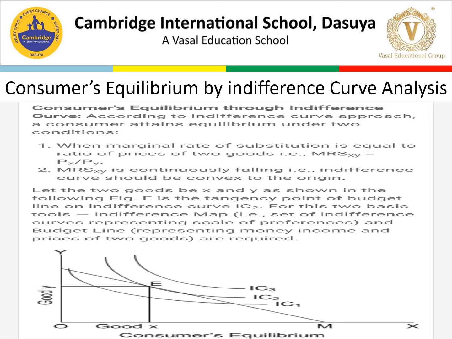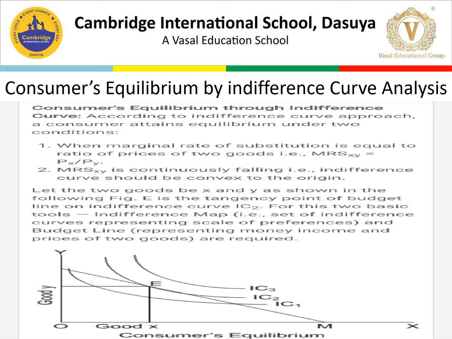Now for this, two basic tools are required: the indifference map, that is the set of all indifference curves representing the scale of preferences, and the budget line representing money income and money prices of the two goods. For this we call it consumer's equilibrium.